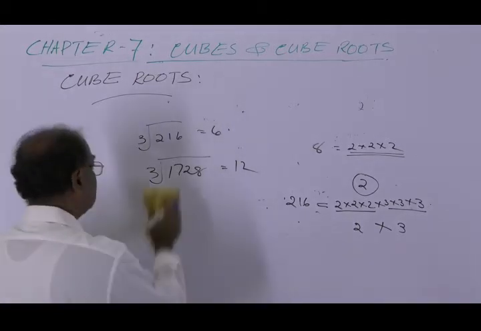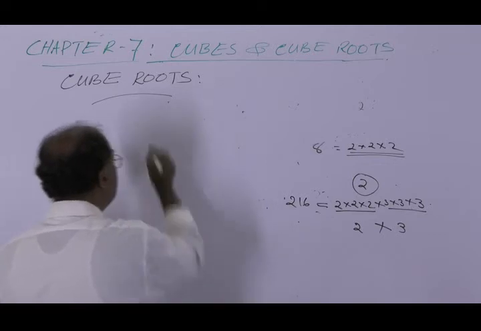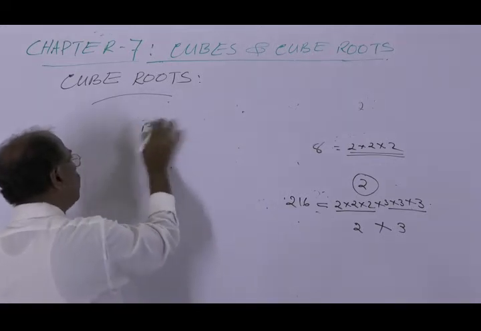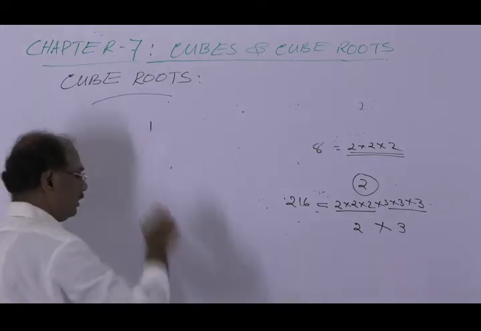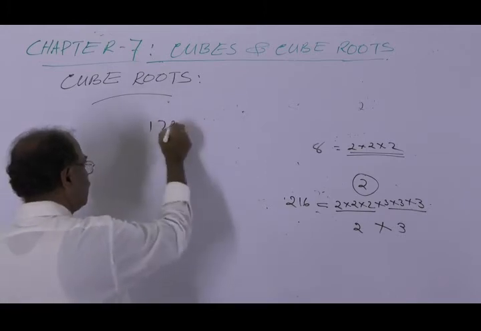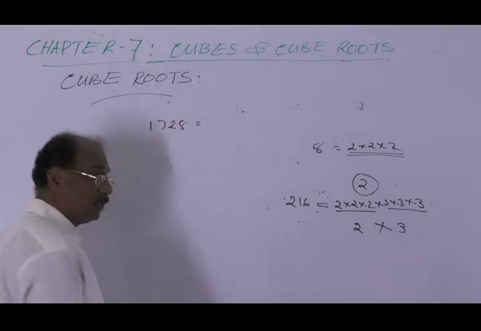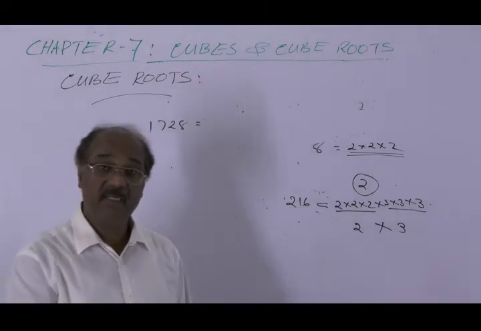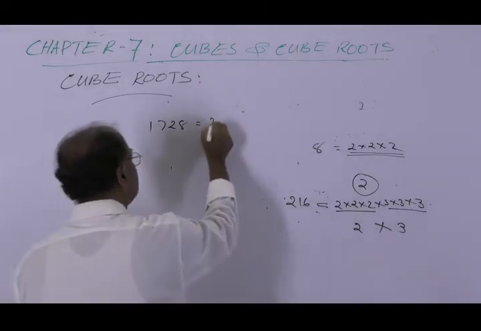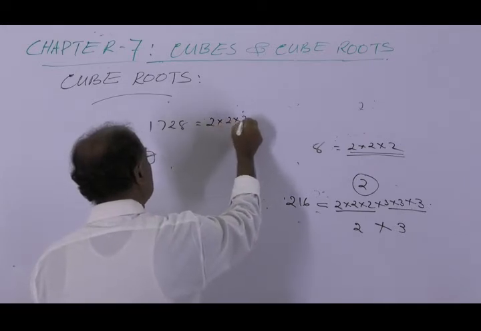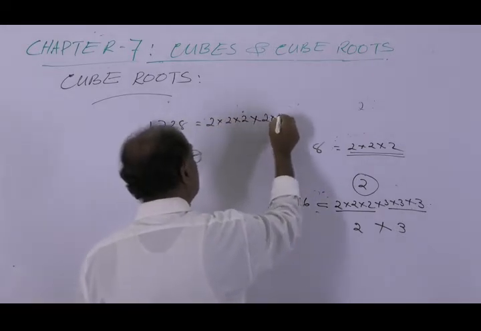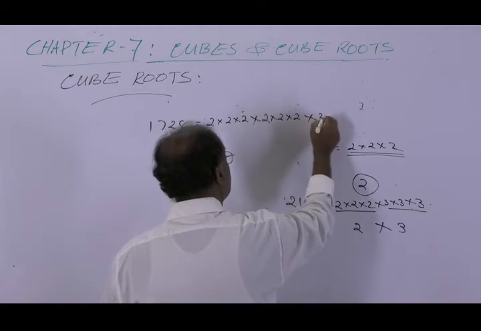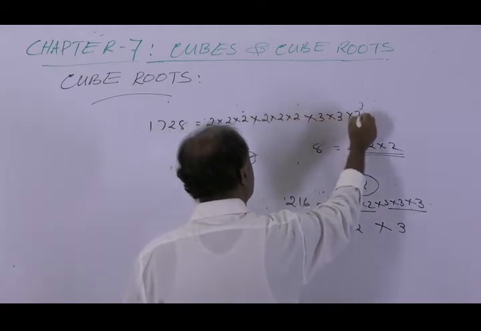Similarly, consider this number 1728. We know its cube root is 12. But if we factorize this, we see that this is 2 into 2 into 2 into again 2 into 2 into 2 into 3 into 3 into 3.